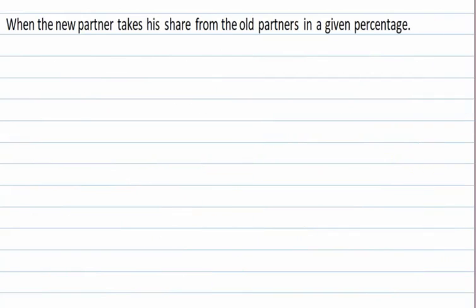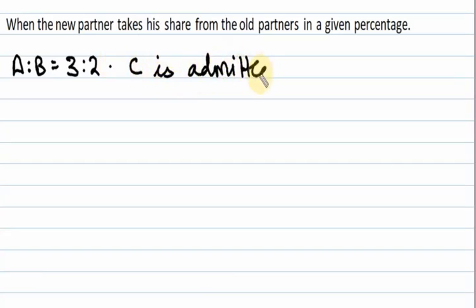Now suppose it was given that A and B were sharing profits in the ratio 3:2. C is admitted same as earlier for 1/6 share.